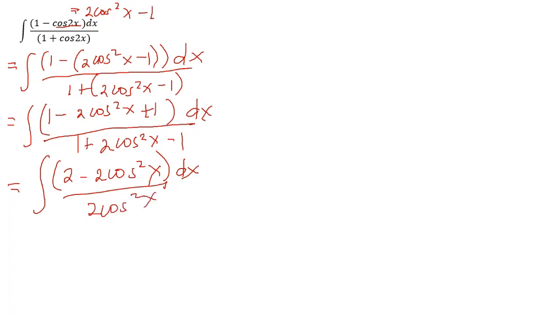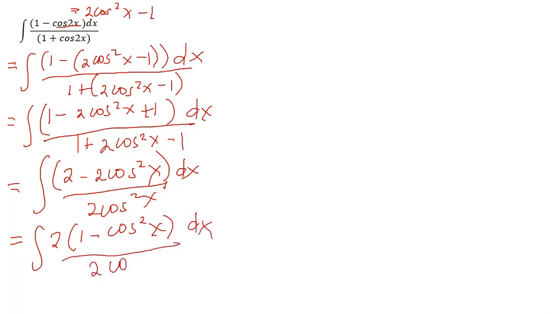If I will factor out 2 in my numerator, I will get integration of 2 times quantity 1 minus cosine squared x dx all over 2 cosine squared x. So I could cancel out 2 and 2 here. So I'll just have integration of 1 minus cosine squared x all over cosine squared x dx.